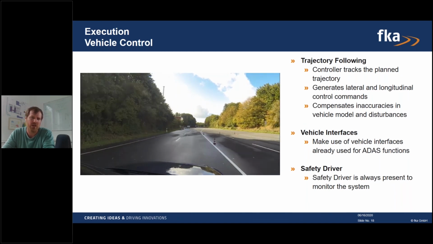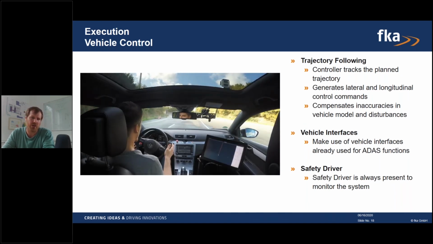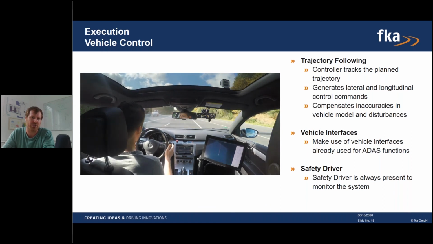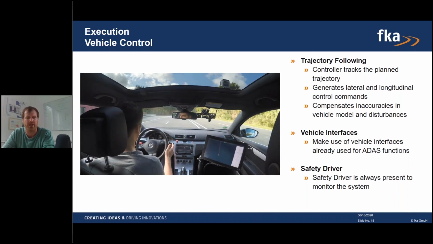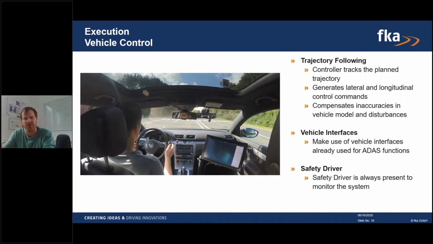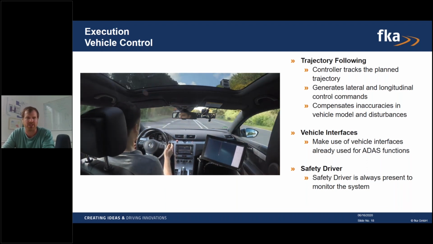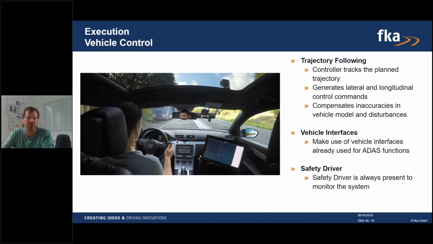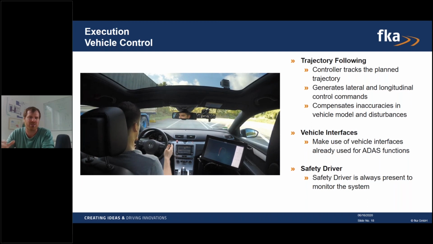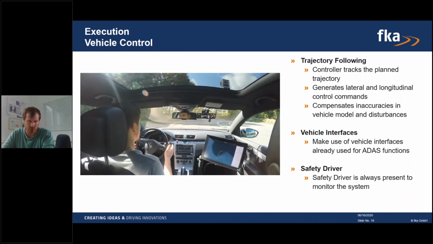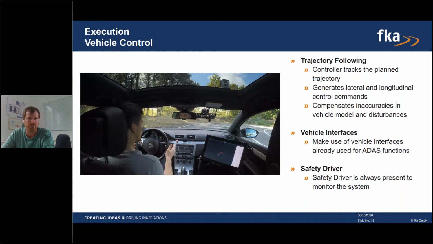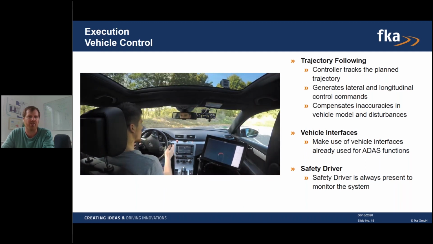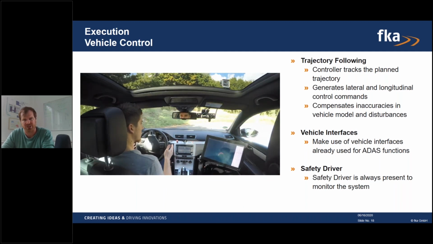But the main job for the trajectory following controller is actually to compensate all the inaccuracy we had on the system model level. For example, as I said, the behavior generation just used a point mass model. Then on trajectory planning, we already use a kinematic steering model, but that's not perfectly detailed either. So we will always have system inaccuracies there.